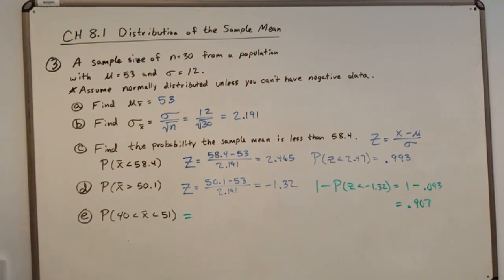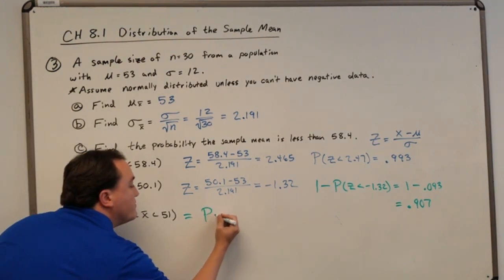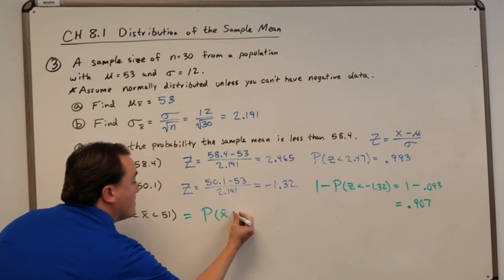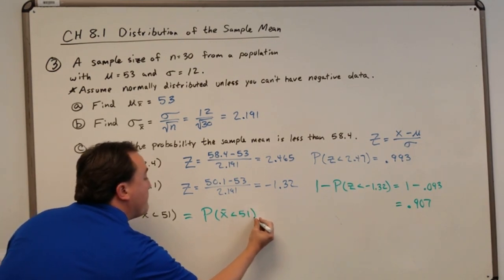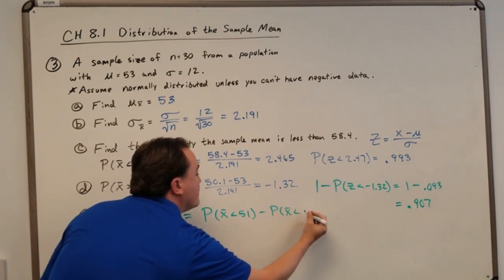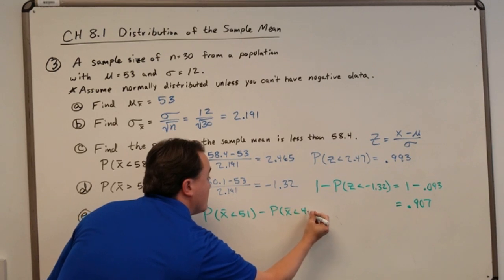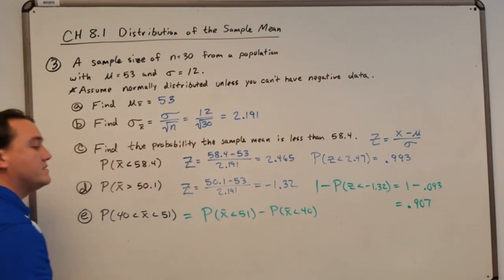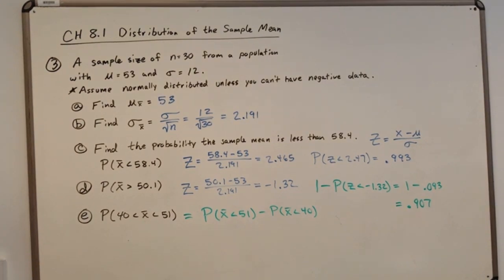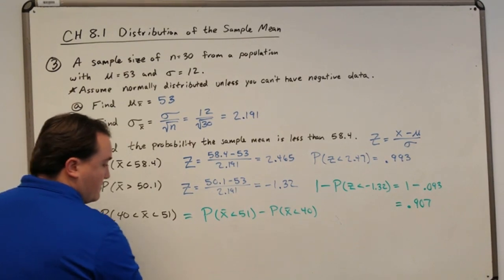But we could say this is the probability of x less than 51 minus the probability of x less than 40. Okay, so we just have to find the z-scores for 51 and 40, which is not too hard. And then we'll just find these two numbers that come from it in the table.